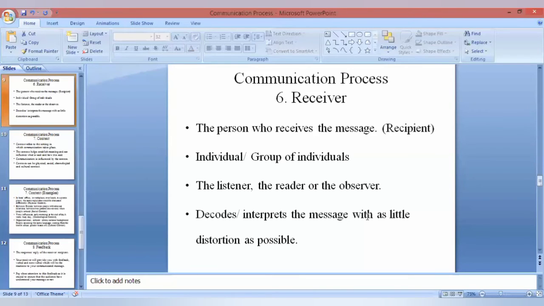So understanding that message is very important for the recipient. That is why he decodes or interprets the message and tries to understand it completely, so as to make the communication process more effective.